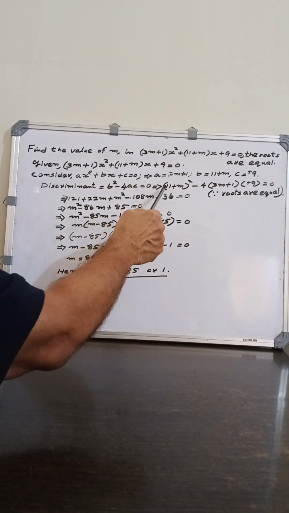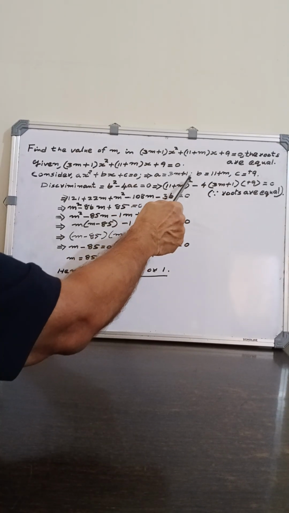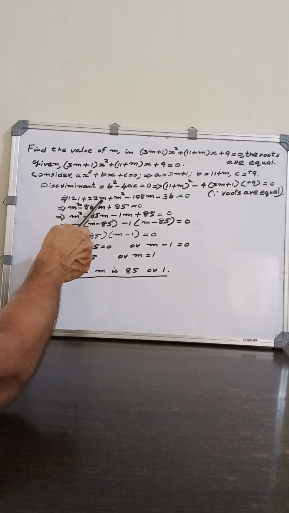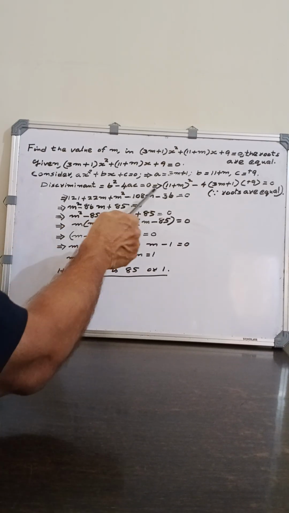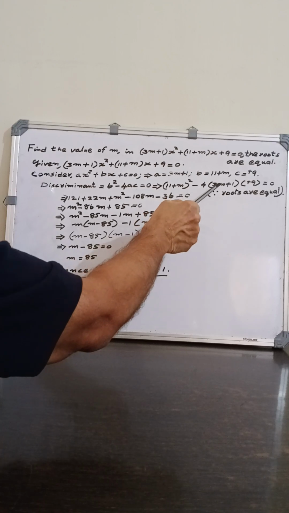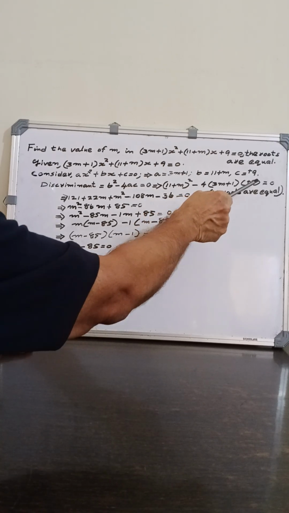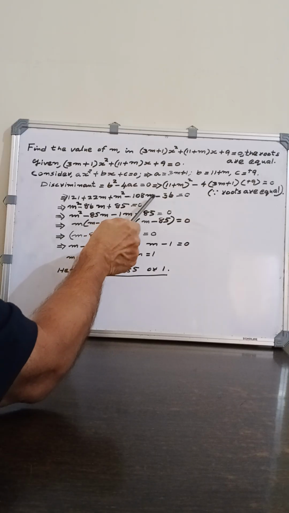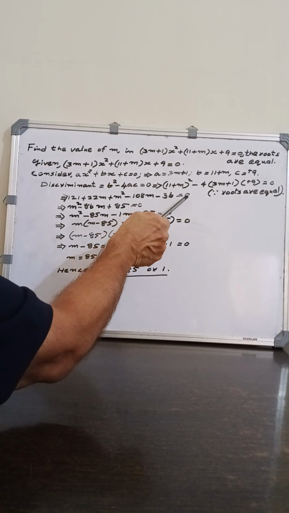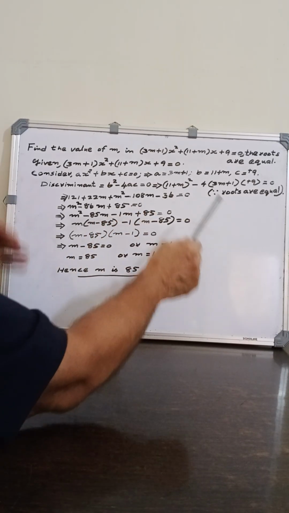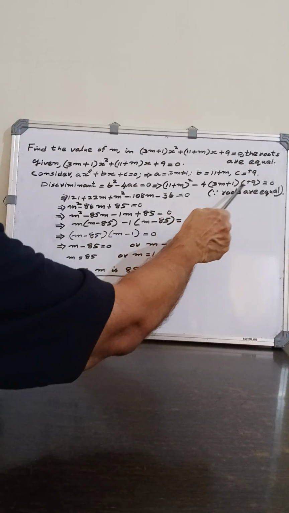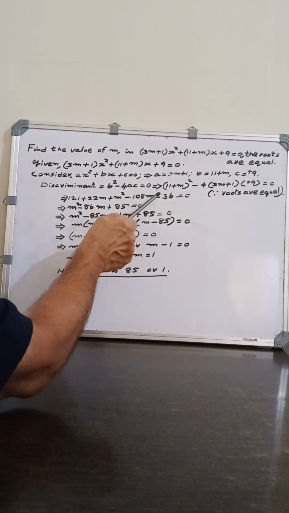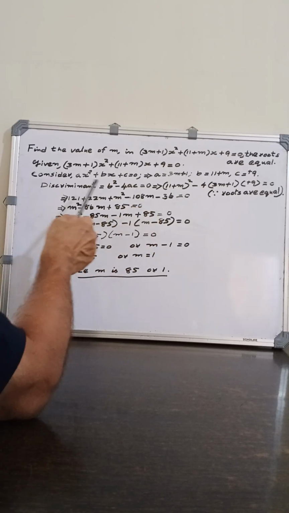Expanding this, (11 + m)² is 121 + 22m + m², minus 4 into (3m + 1) into 9. That is, −108m − 36 equals 0. That is, −12m − 4 into +9 gives −108m − 36.